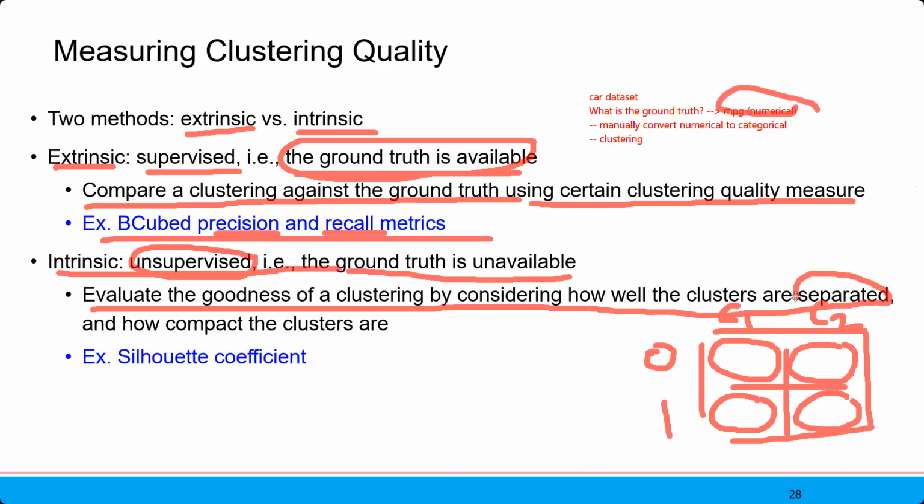So this is your analysis on the dataset of CAR. If it is well separated, then it is good. And how compact the clusters are. So what is the measure? The measure is the silhouette coefficient. I already mentioned to you the silhouette coefficient, the higher the better.